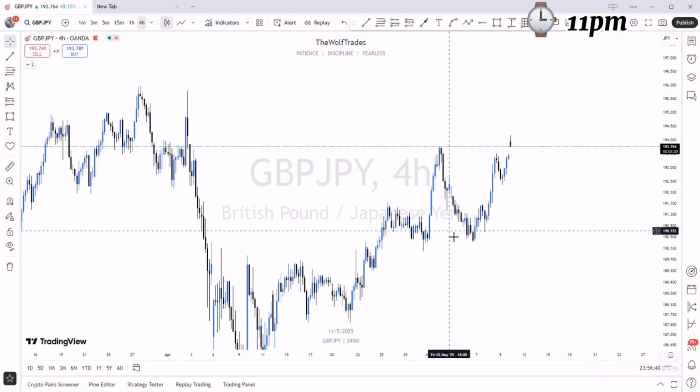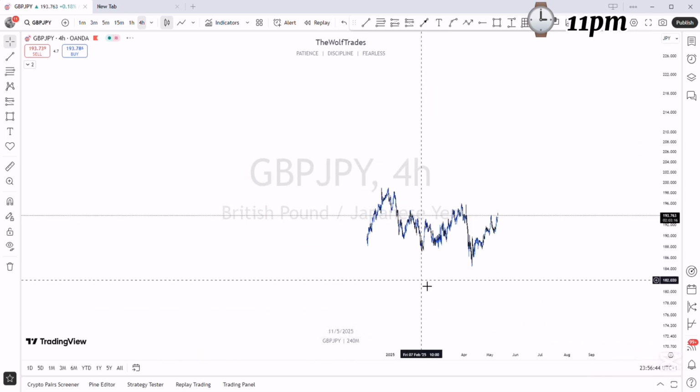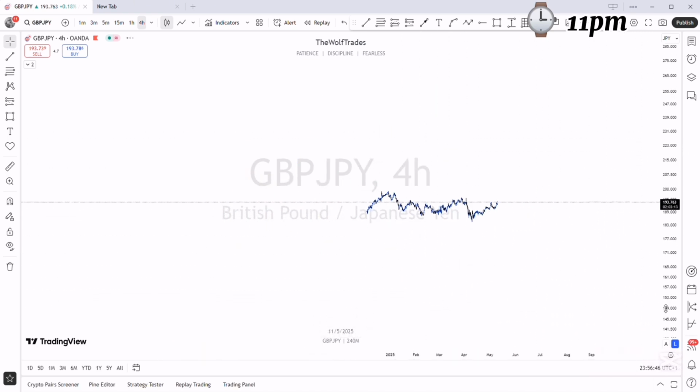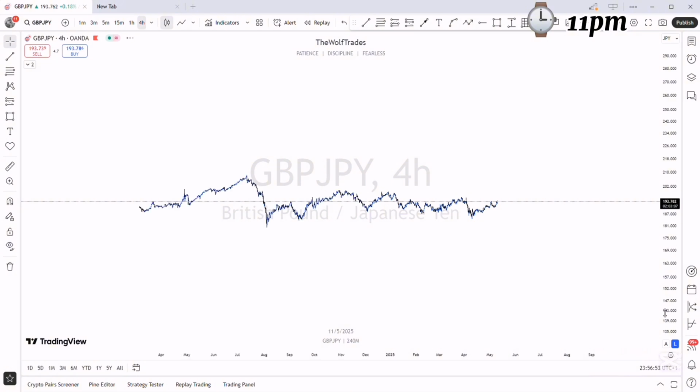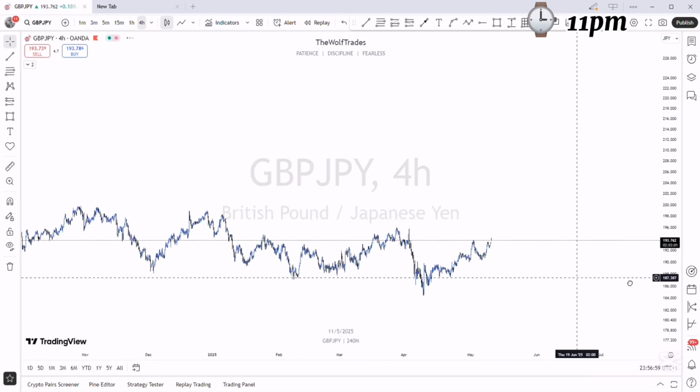Alright, so I had to clear everything because I can't see anything here. So I'll just scale out to see what the market is doing. So right now it looks like price isn't clear.